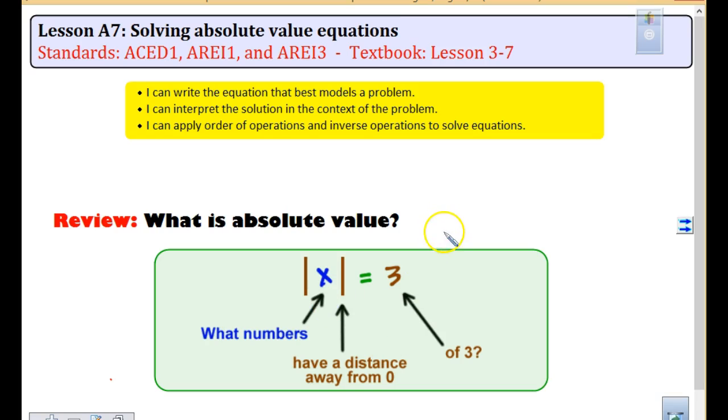What is absolute value? It is how far a number is from 0. How far a number is from 0. Now, when we think of distance, when you walk so far, even if you're walking backwards, is it ever negative?